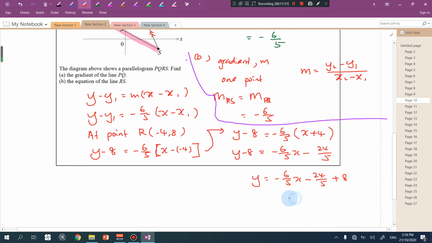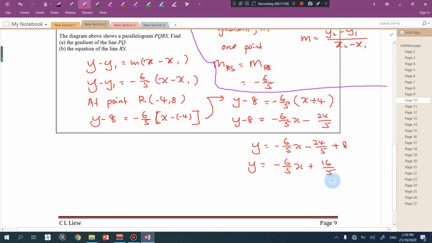Okay, so here you can just press your calculator. Okay, let me check. Negative 24 over 5 plus 8. Okay, so sorry, it should be positive over here.